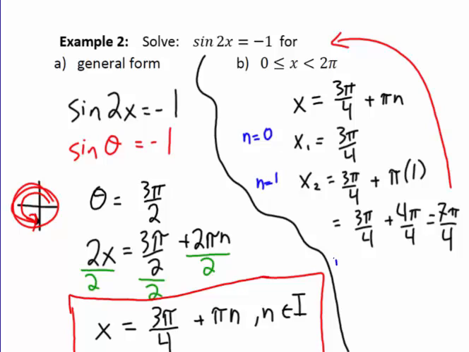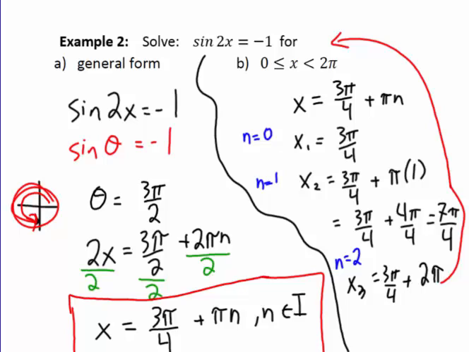So let's try n equals 2. When we put n equals 2 in there, we'll get 3 pi over 4 plus, and here's our big clue, 2 pi. Now, if we add 2 pi to 3 pi over 4, we know when we check between 0 and 2 pi, it's going to be too big.